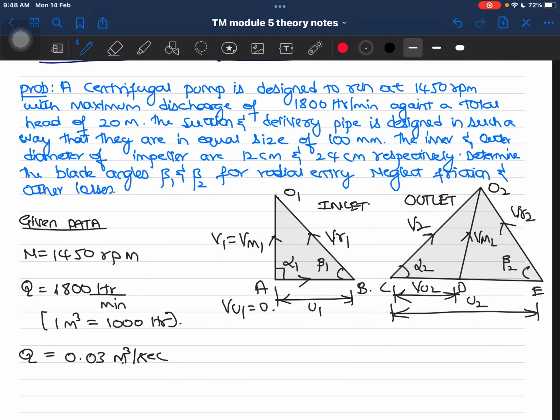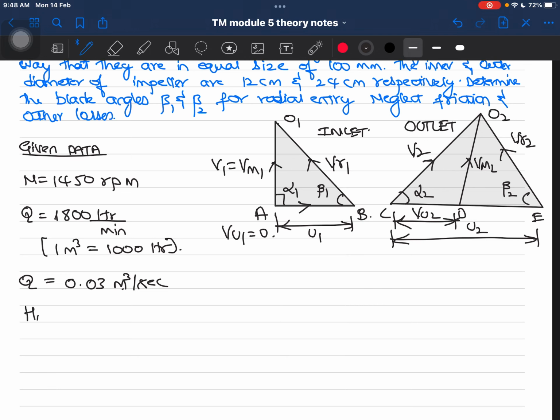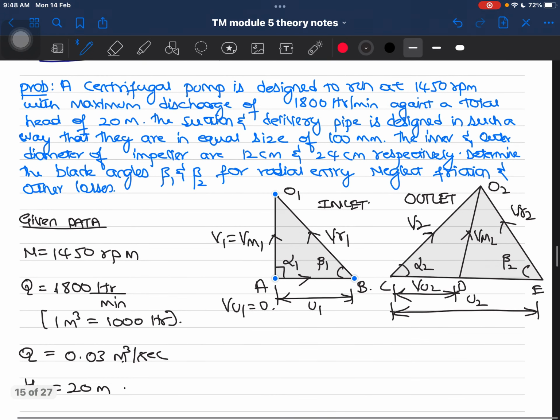Next, against a total head of 20 meters. Total head is nothing but the manometric head, which is given as 20 meters. The suction and delivery pipes are designed in such a way that they are of equal size, 100 mm.